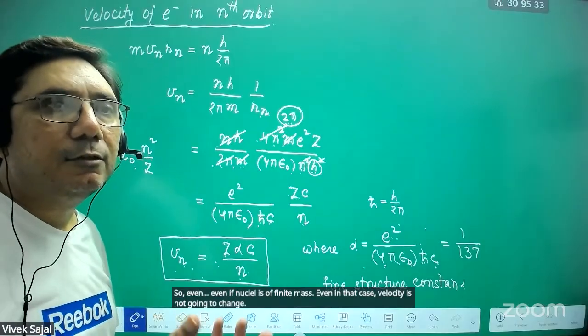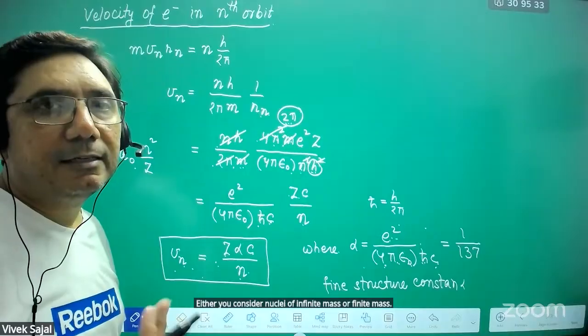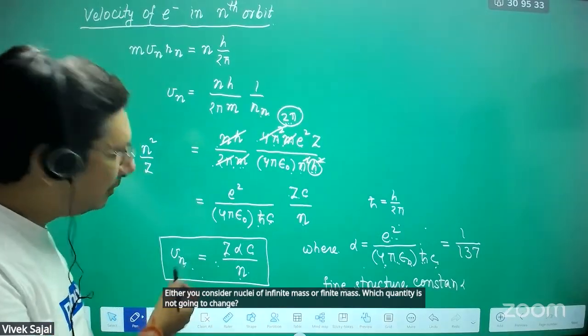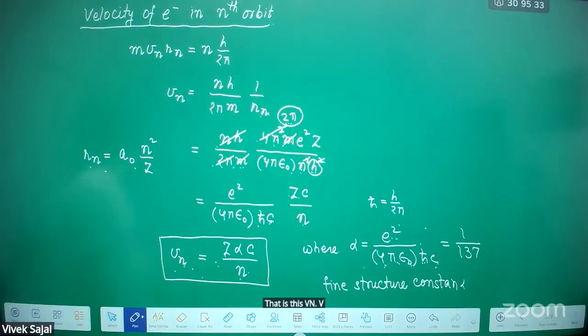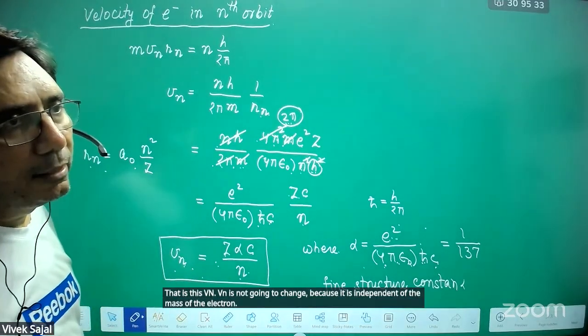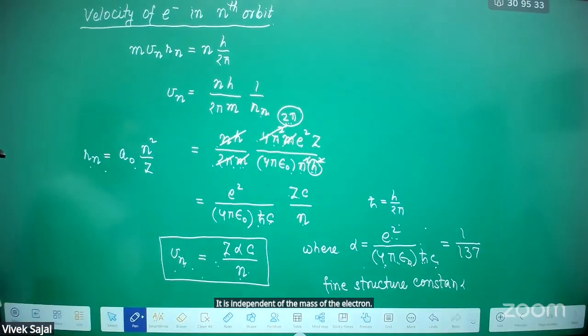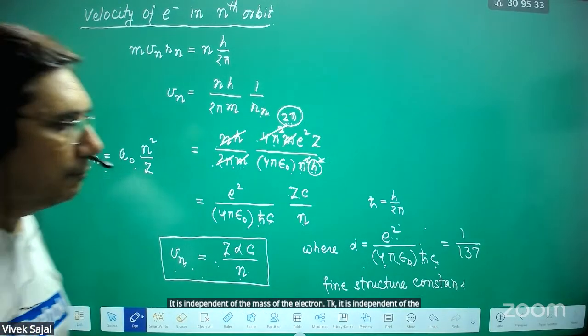Either you consider a nucleus of infinite mass or finite mass, which quantity is not going to change? That is Vn. Vn is not going to change because it is independent of the mass of the electron.